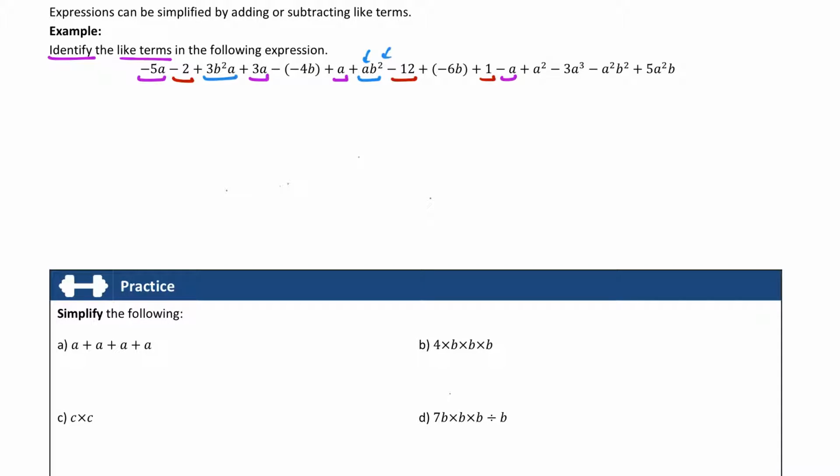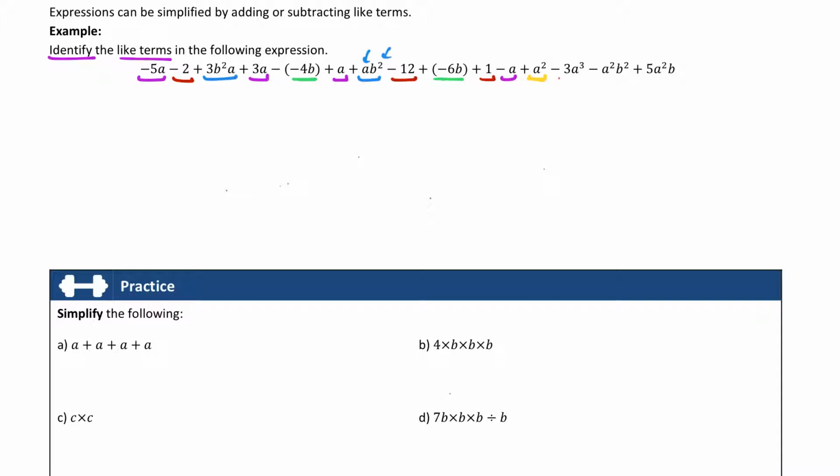Now the next one, the variable here is b. So looking a little bit further, I can see that this term also has b as its variable and nothing else. So these two are like terms, and my other terms all have different variables. Moving on, my next one is a squared, and I see nothing else actually has a squared, so I can't find a like term to a squared.